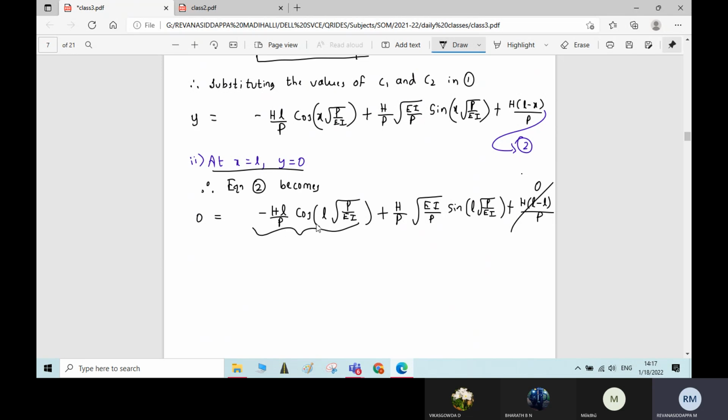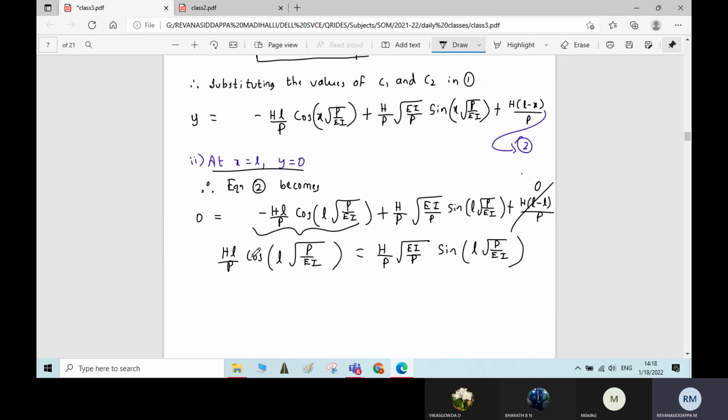Now you take this term to the RHS, it becomes plus HL by P cos L root P by EI is equal to H by P into root EI by P sin L root P by EI.